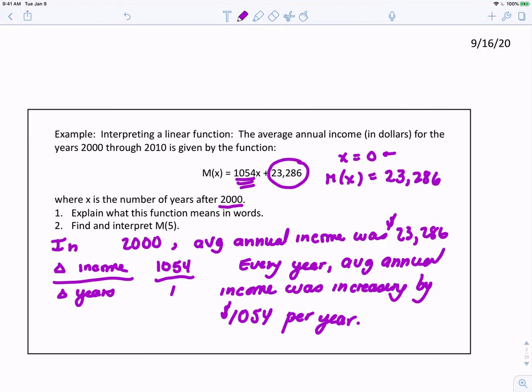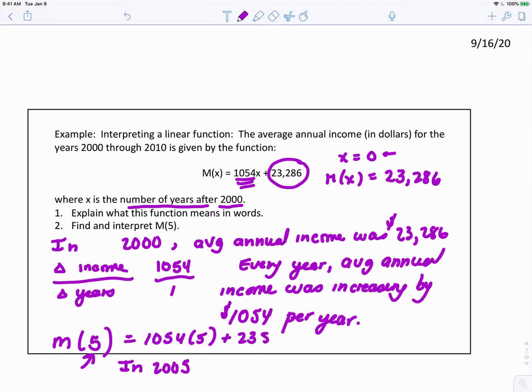Next, find and interpret M of 5. So M of 5, if x is 5, remember x means the number of years after 2000. So M of 5 means we're talking about the year 2005. So when we find M of 5, that's going to tell us what the annual income was. So we'll take 1,054 times 5 plus 23,286.